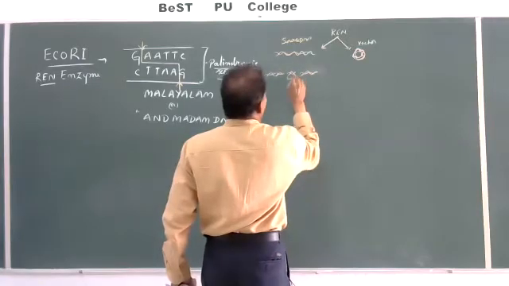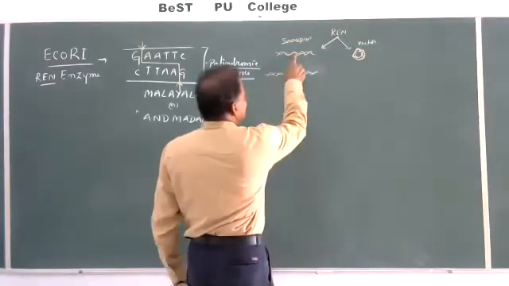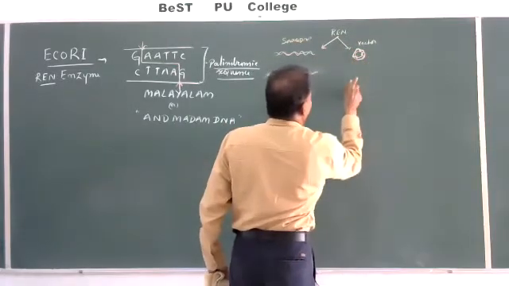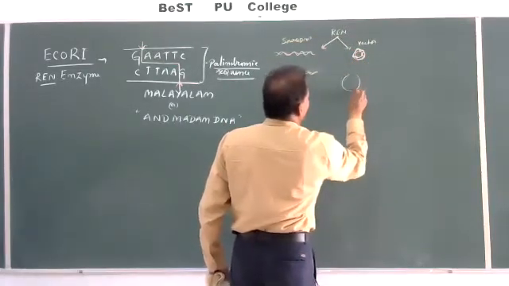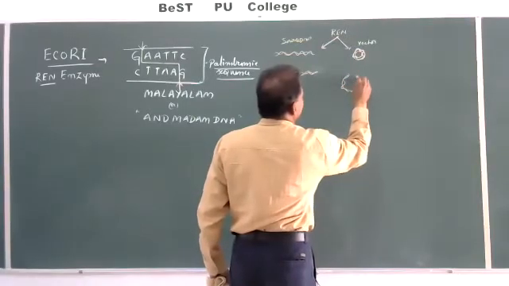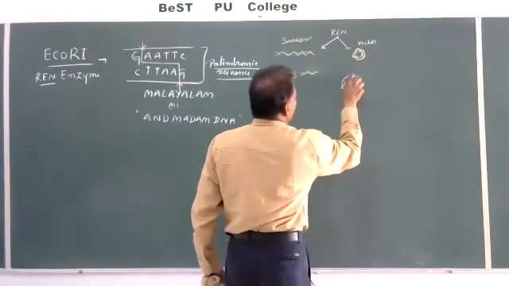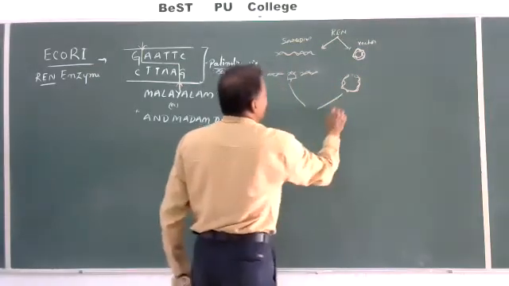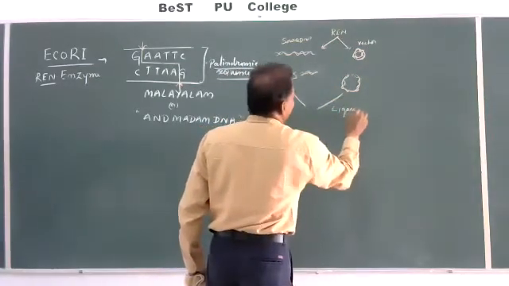This is the gene of interest. We want this gene which is here. When the same is used here, this round structure will open. Now, this one and this one will both be joined by the ligase enzyme, DNA ligase.